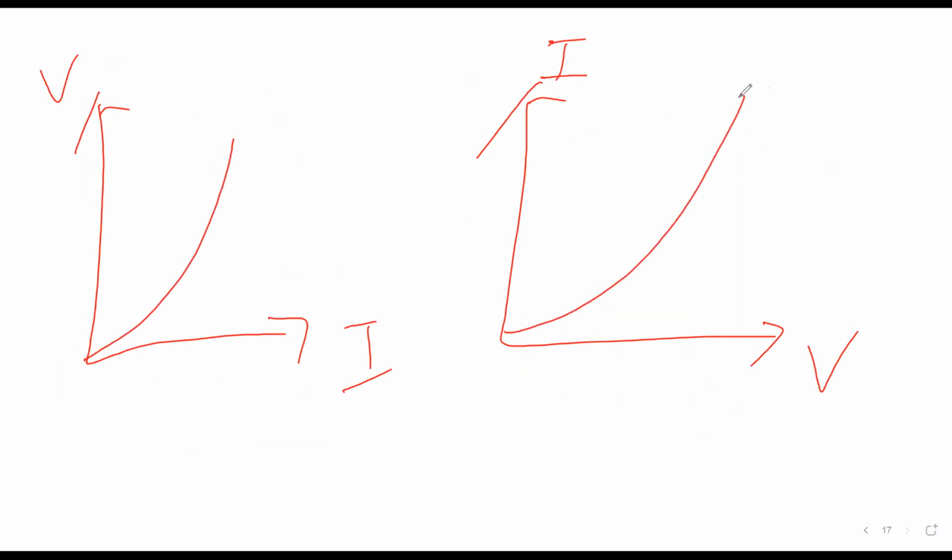Which one is increasing resistance and which one is decreasing resistance? Increasing resistance, why? It is because, guys, the voltage here increases more than your increase in current. Your increase in current is less than your increase in voltage.